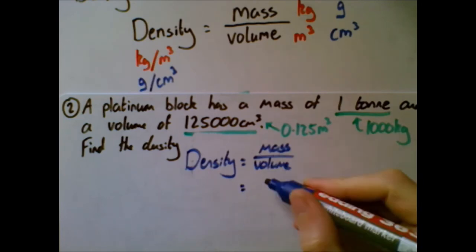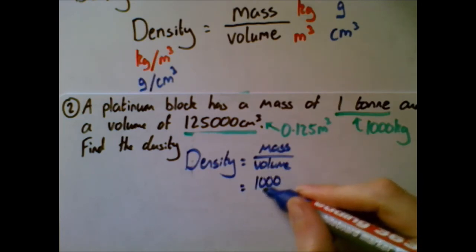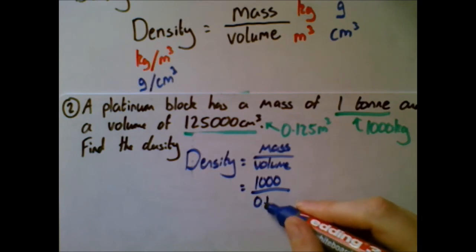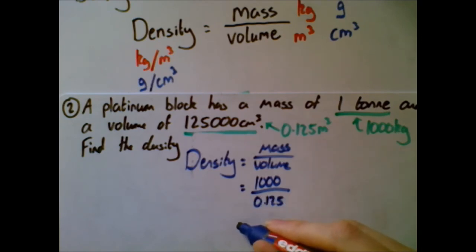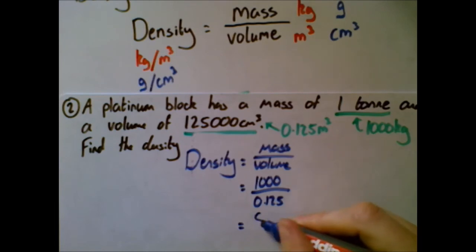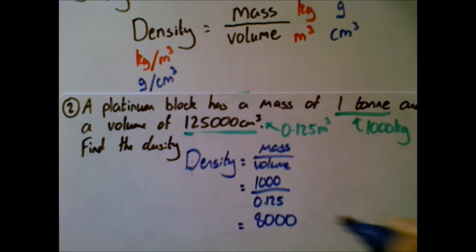So mass is 1,000. Volume is 0.125. Okay, and let's see what we get. Do always be careful to do your calculation the right way round. We get an answer there of 8,000, and we're using the red units from above, kilograms per cubic metre.